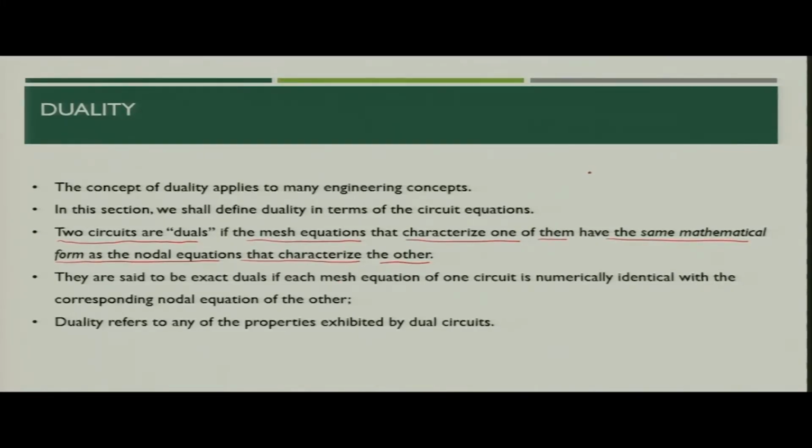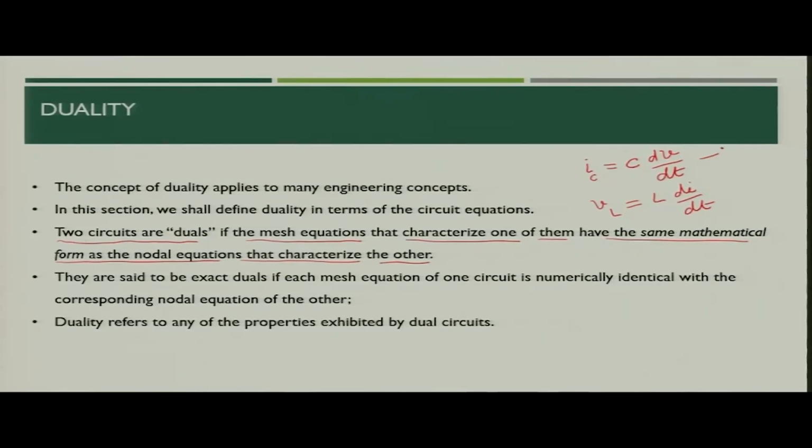If you recollect, let us first say what is the current across the capacitance. We write it as C dV by dt. What is the voltage across an inductor? You will say this is L di by dt.